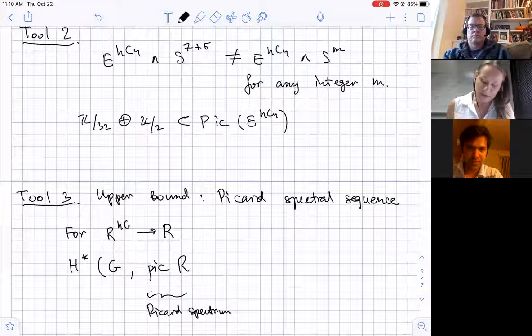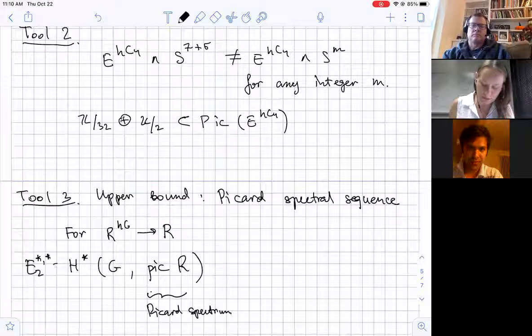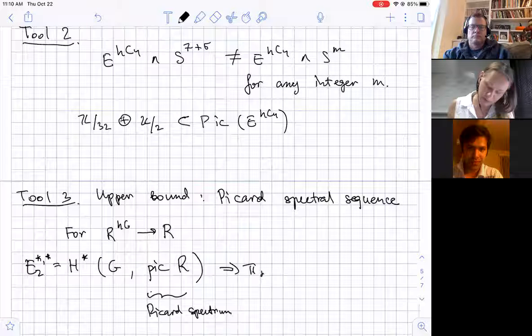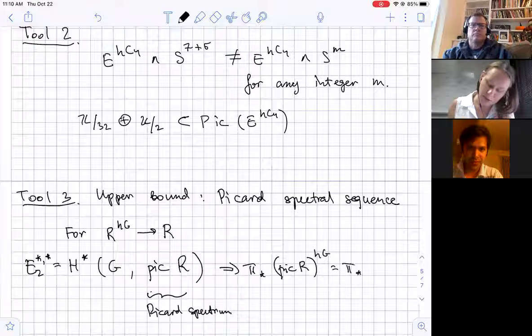G acts on R, G also acts on the Picard spectrum, and there is a spectral sequence which computes, so this is a homotopy fixed point spectral sequence, it computes Pic of R^hG, which happens to agree with Pic R^hG.